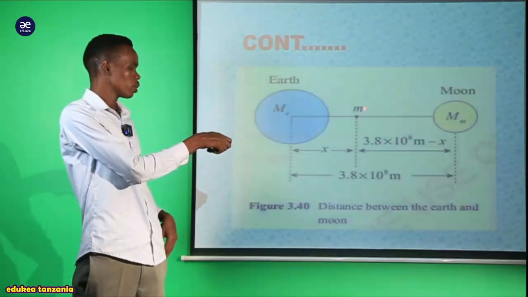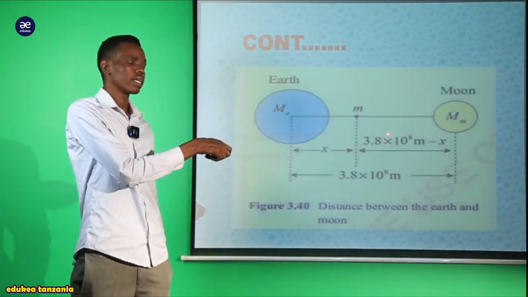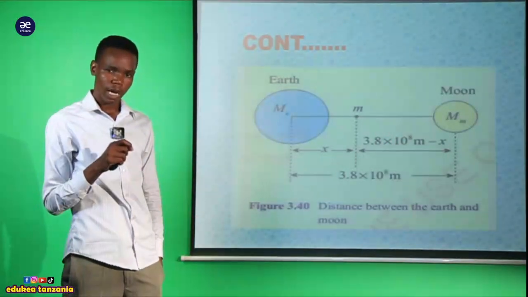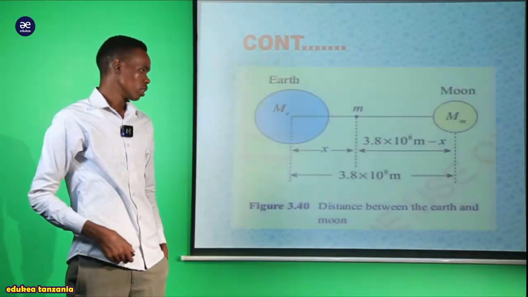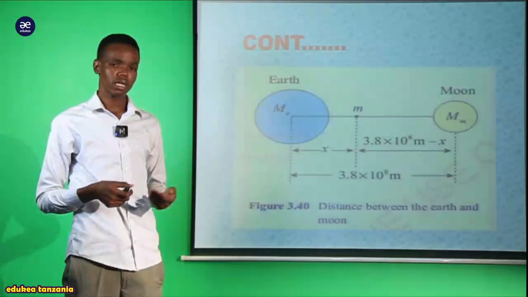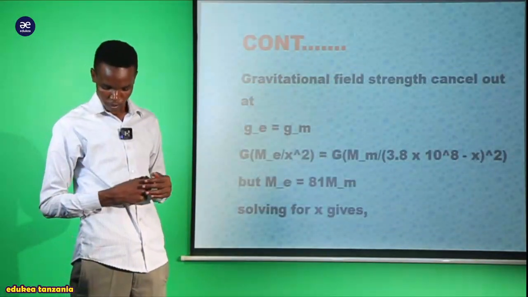Kama hapa kutoka hapa kuja hapa ni x, sasa hapa itakuwa ni ngapi? Basi itakuwa ni 3.8 exponent 8 minus this value of x. So this is our figure that represents the distance between the earth and also the moon.